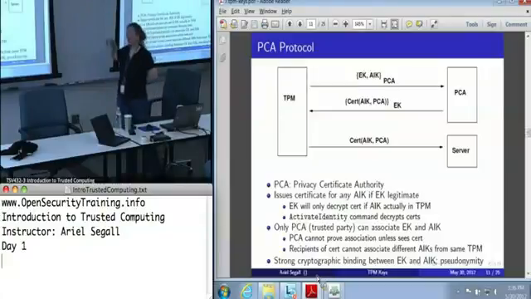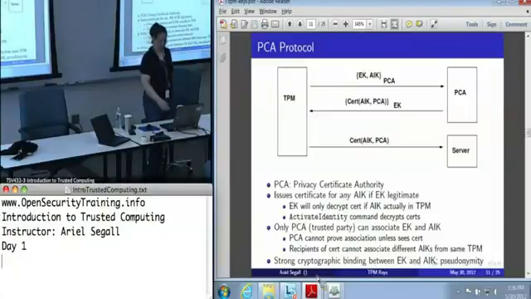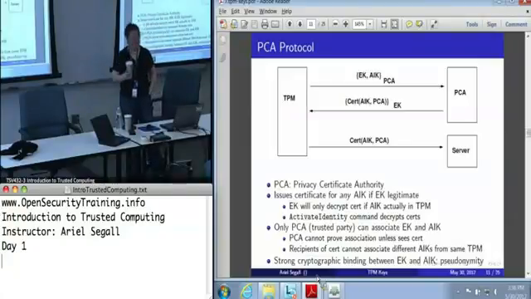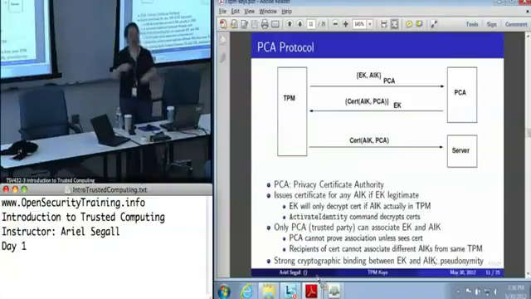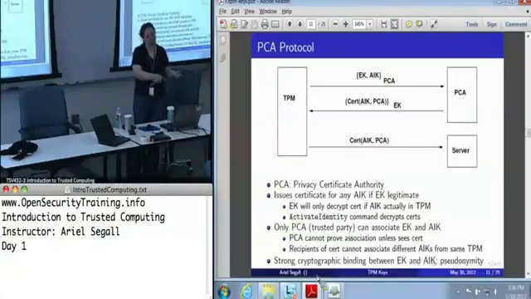So the PCA would have to have some knowledge of the EK on the public side, right? Yes. And the TPM would have to have the public key for the PCA. So if you start off that way, then I can see the rest of it. We are assuming that the PCA either knows about the endorsement key or has a credential. So that was a prerequisite to get this handshake started.